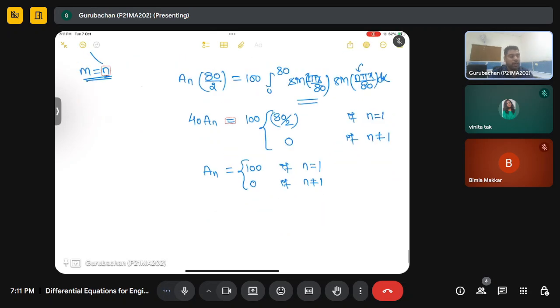So this is your a_n for all natural numbers. Let me rewrite in this way: a_1 is 100 and a_n is 0 for all n greater than or equal to 2.